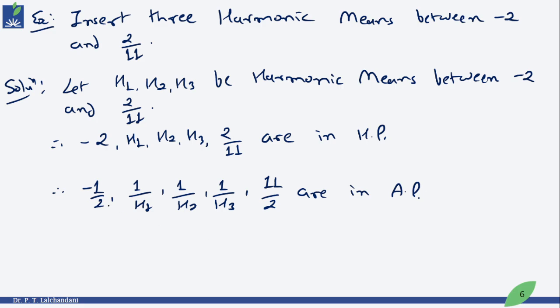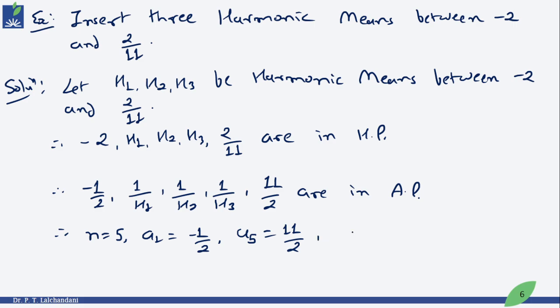Now see, these five numbers are in arithmetic progression. So we have n equal to 5 because these are five terms. We have the value of the first term a1, that is minus 1 upon 2, and the value of a5, that is equal to 11 by 2. This many things we have.